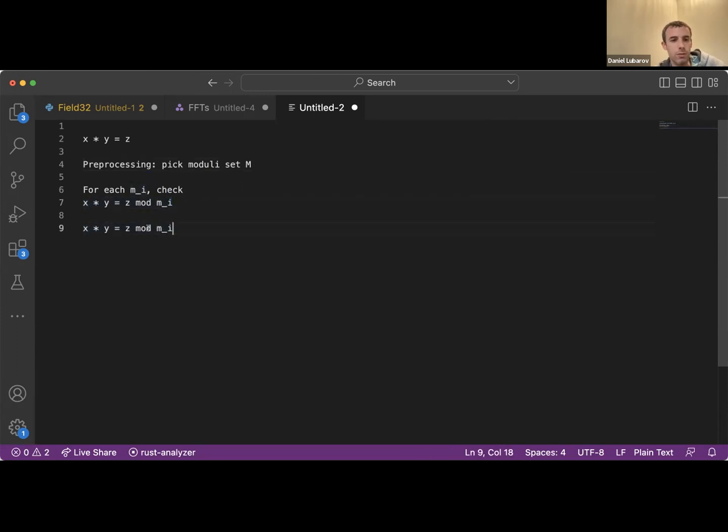After that we can infer that each modulus divides the difference, therefore the least common multiple of the moduli also divides the difference. Or in other words, this identity holds mod the least common multiple.